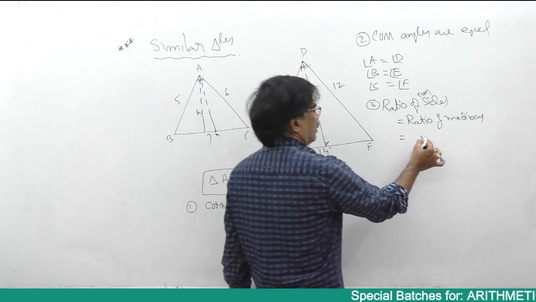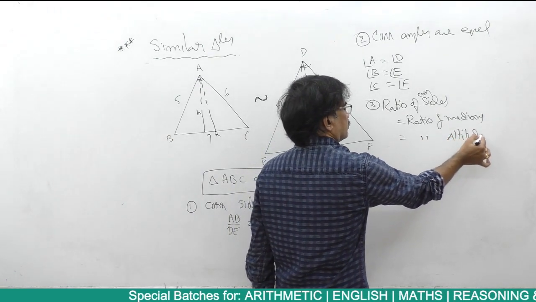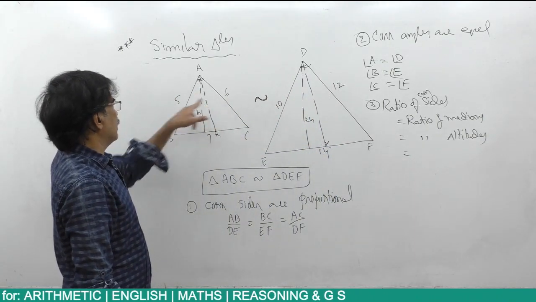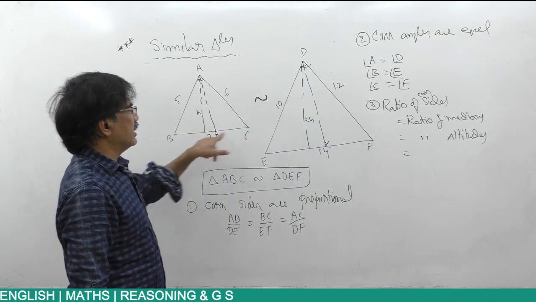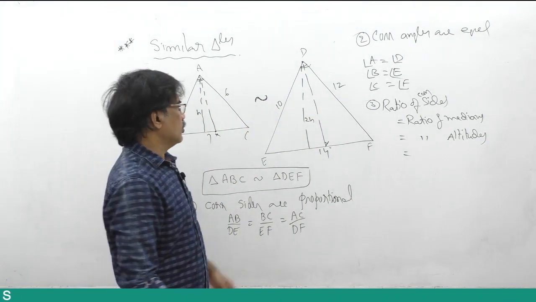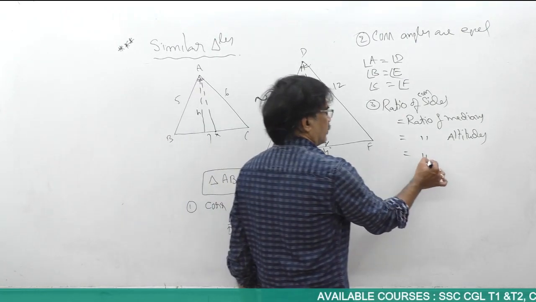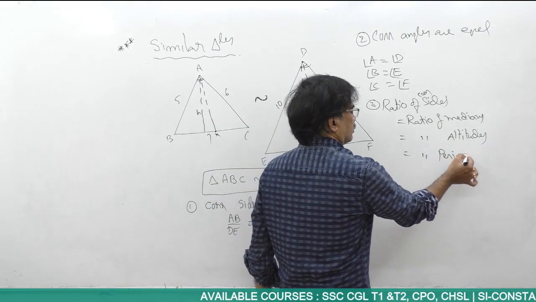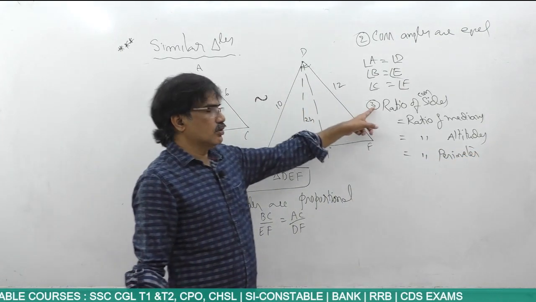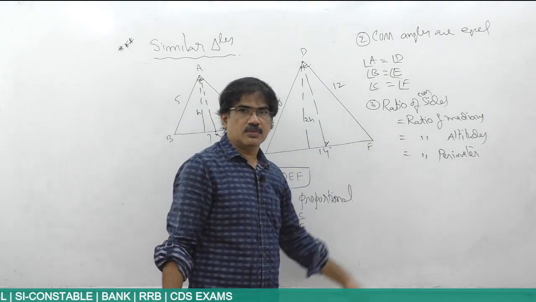So ratio of altitudes. See the perimeter: 5 plus 6 is 11 plus 7 is equal to 18. Here this is nothing but 36. What about the perimeters ratio? Perimeters ratio is also 1:2. So ratio of perimeters. So ratio of sides is equal to ratio of medians is equal to ratio of altitudes is equal to ratio of perimeters.